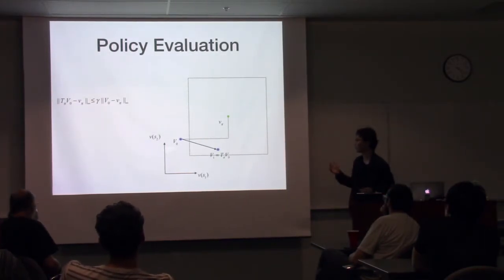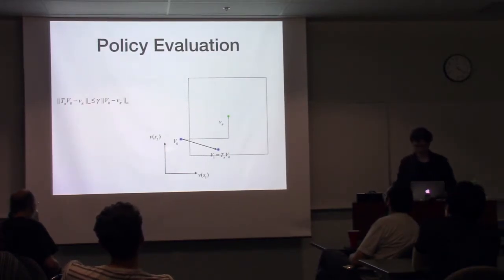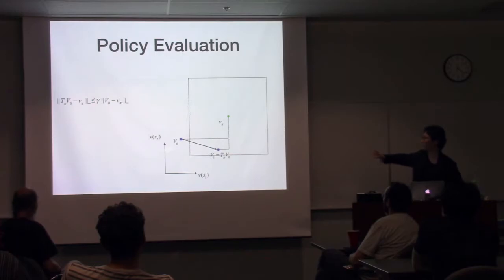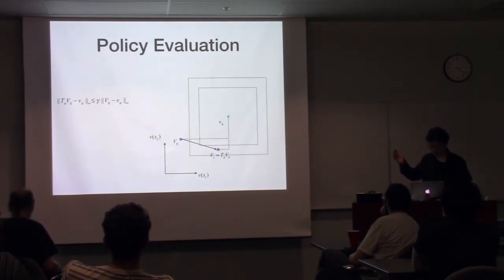We apply the Bellman operator and find V1, and we keep doing the same thing. Now the vertical line segment is longer, and we find the second square, which says that T pi squared V0 lies inside this area. We just keep doing the same thing again and again.